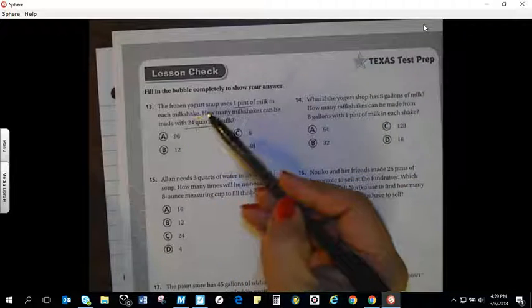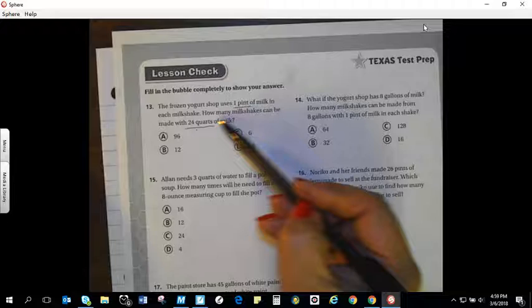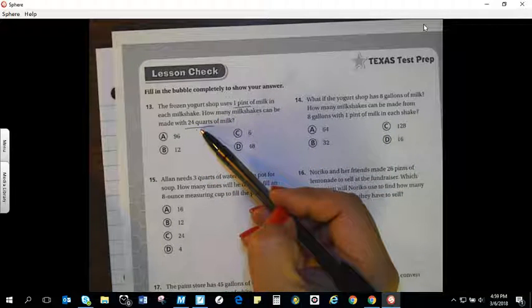Number 13, let's take a look. The frozen yogurt shop uses 1 pint. I'm going to read this with you. The frozen yogurt shop uses 1 pint of milk in each milkshake. How many milkshakes can be made with 24 quarts?